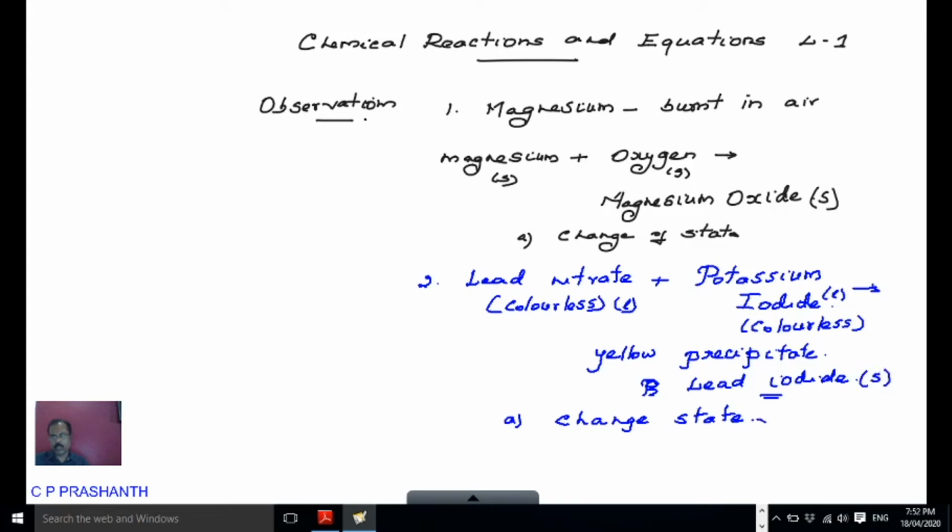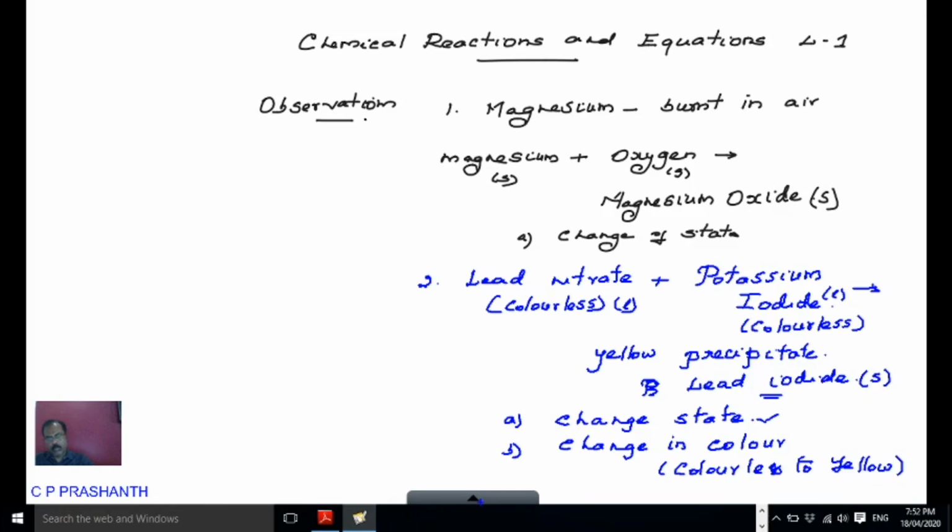And the other change is the change of color. Both the solutions were colorless, but after the reaction we got a yellow precipitate. So there is a change of color. Here again, no evolution of gas, neither is there any change in the temperature.